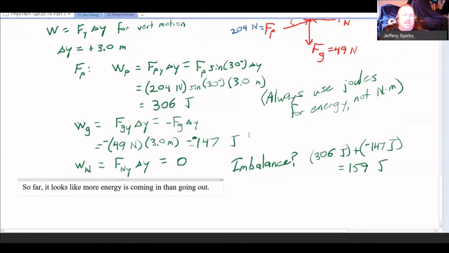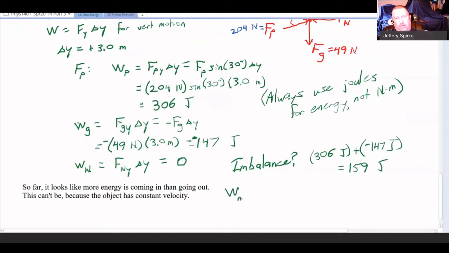So far, it looks like more energy is coming in than is going out. The object has constant velocity. It should have net work is delta KE, kinetic energy, calculated as 1/2 mv squared.